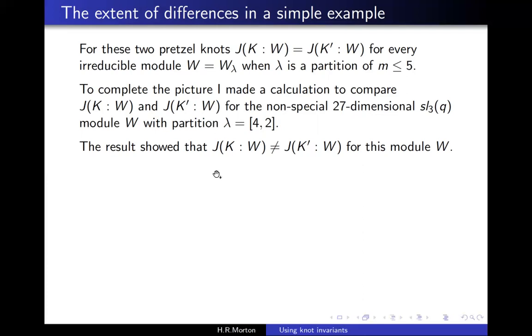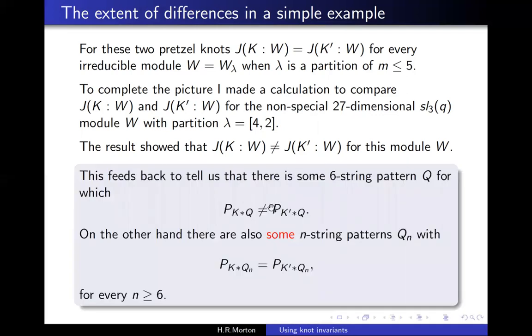Just a word on this one, by the way. I didn't calculate the HOMFLY polynomial, but it does tell us that there is a 6-string pattern for which the invariants differ.